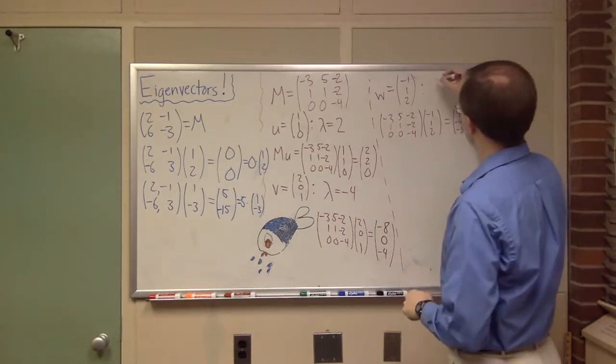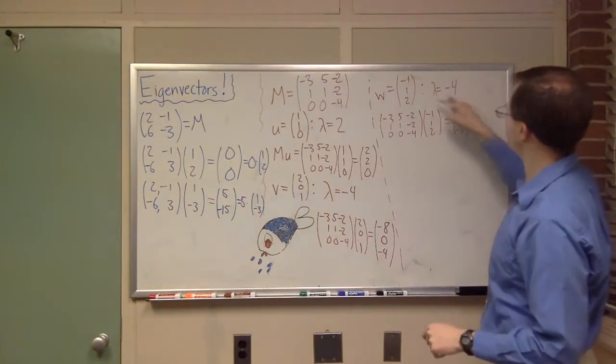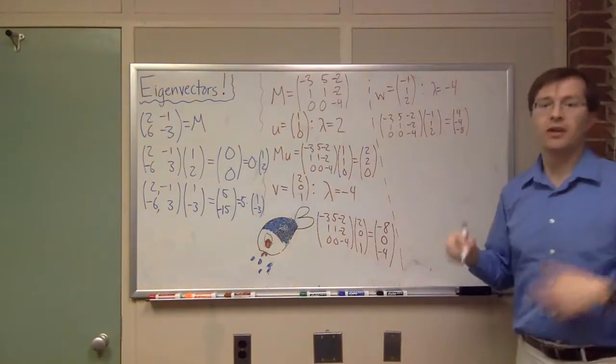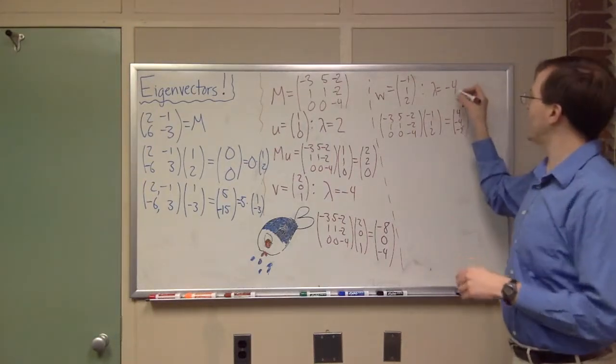Well, hey, that means this has lambda equals minus 4 as well: minus 1 times minus 4, 1 times minus 4, 2 times minus 4. We've shown that this is also an eigenvector with eigenvalue minus 4.